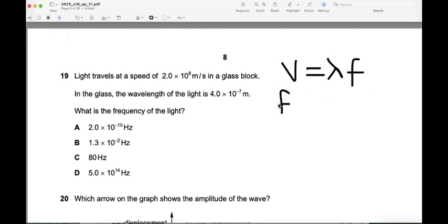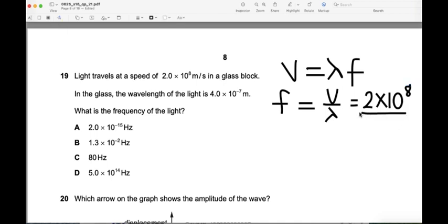So frequency is equal to the speed divided by lambda, meaning divided by the wavelength. The speed is 2 times 10 to the power of 8.